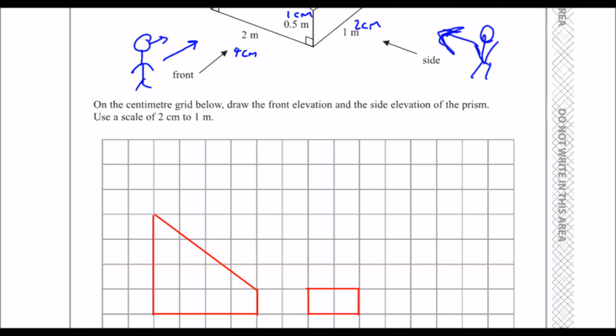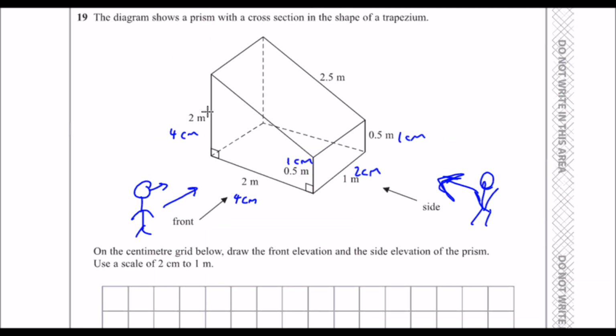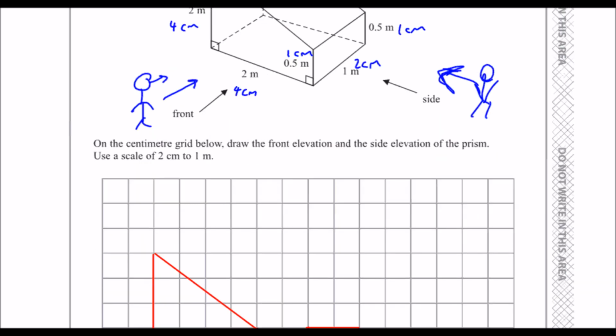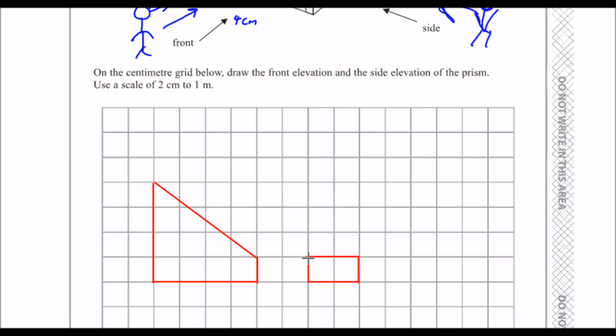Up 1 to the first level, and then up 4 the whole way, so up 4 to the back level. And it will look something like that.